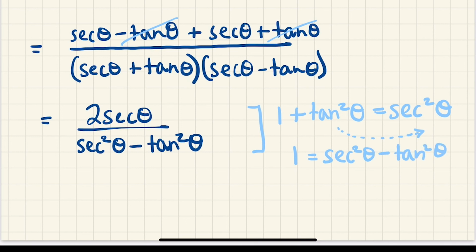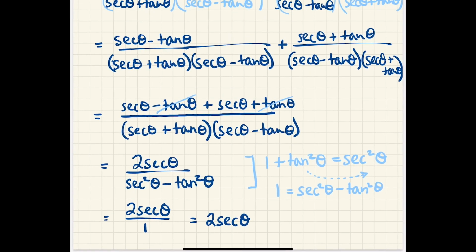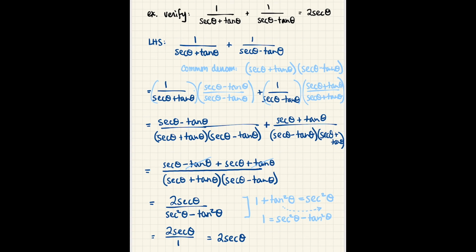Oh, excellent. So this whole denominator is just 1. So this is 2 secant of theta divided by 1, which is, of course, 2 secant of theta. And lo and behold, that is the right-hand side of the identity. So we win.